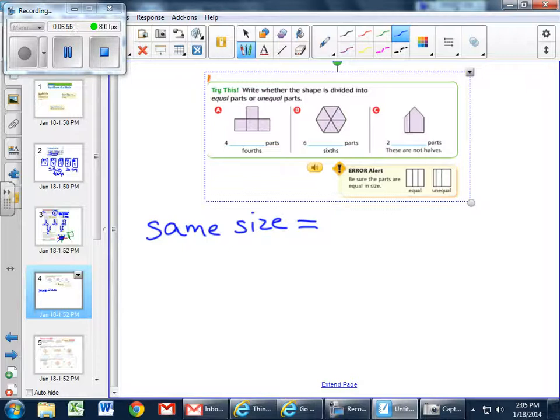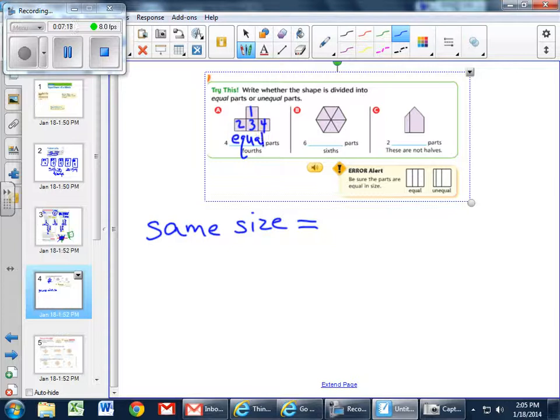Okay? So if we look at number A, it has 4 pieces, and those 4 pieces are all the same size. They're not all arranged the same, but they are all the same size. So they are equal because they are equal size. So think about that.